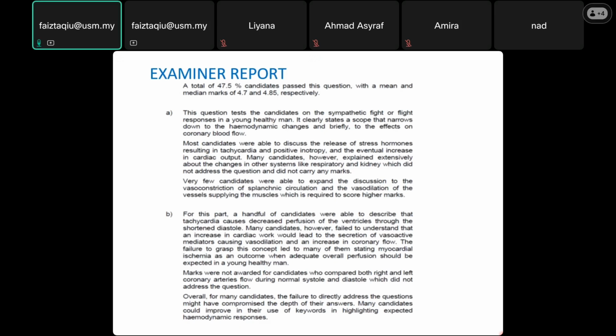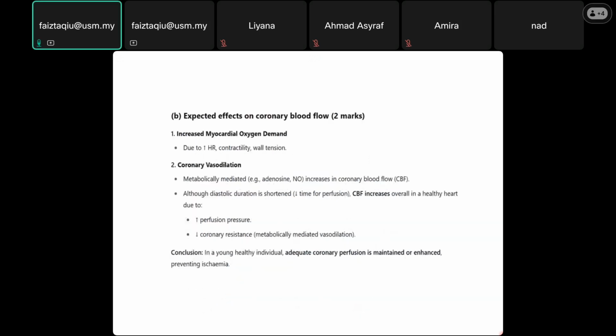So because of the vasodilatory response, the coronary perfusion gets better. So these are my answers. Increased myocardial oxygen demand due to increased heart rate, contractility, and wall tension. Coronary vasodilation, metabolically mediated, for example adenosine and nitric oxide, increases coronary blood flow.